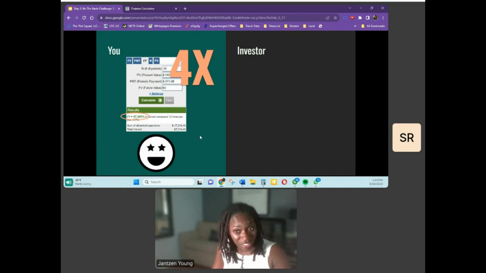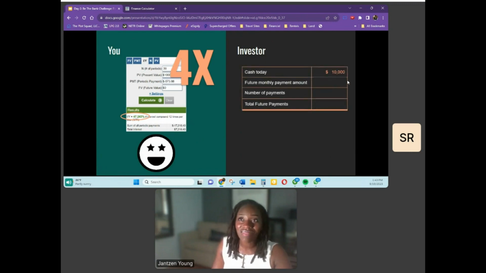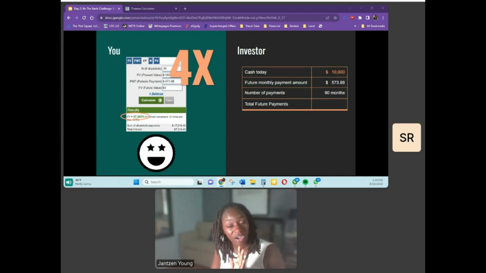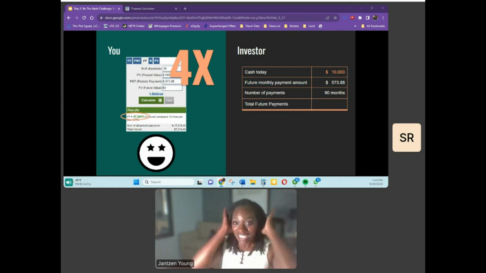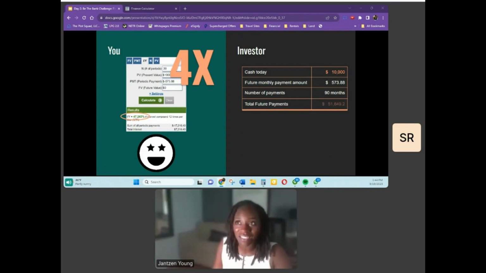And the investor, they get $10,000 today. They'll get $573.88 of payments, but not for 30 months, not for 60 months. Now they get 90 months of those payments. So they can walk away with a total of $51,000 in future cash flow.